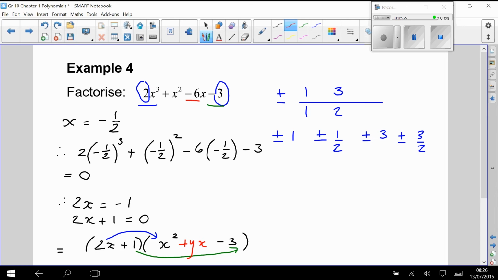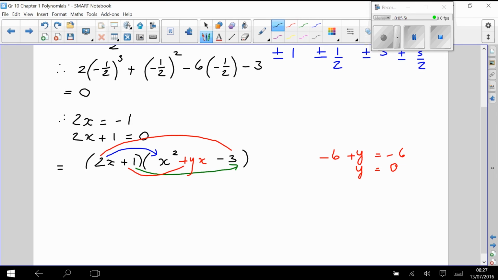Well, if I take the first term times the last term and concentrate on the coefficient only, 2 times minus 3 is minus 6. If I take the second term of my linear factor and multiply that by the middle term of my next factor, I must add y, and my answer must be equal to minus 6. Well, if my answer should be minus 6, and I take my 6 across, the y, in fact, is 0.